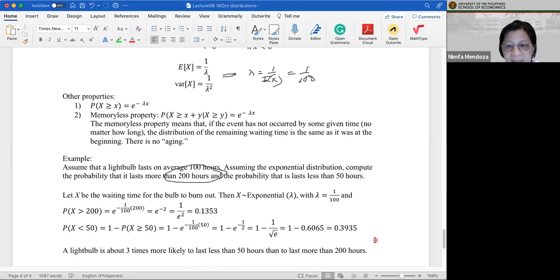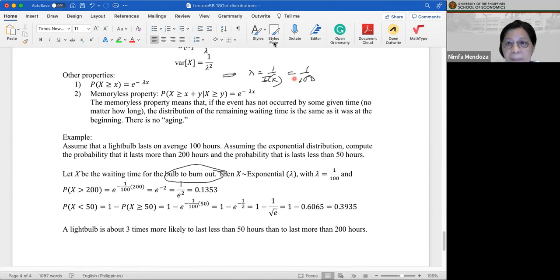So note that a light bulb is 3 times more likely to last less than 50 hours than to last more than 200 hours if the average is 100 hours.